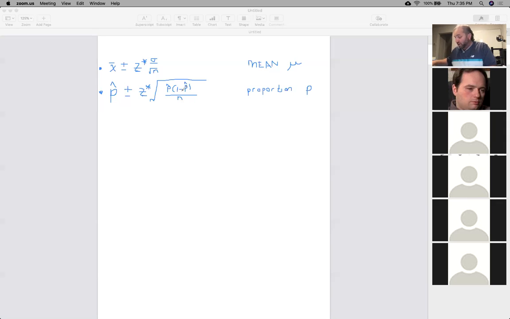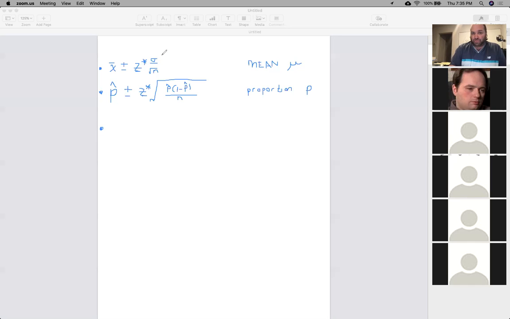Okay, so what we're going to go through today quickly is all of the different formulas for confidence intervals for all of the different situations. We have one for the mean mu, and we have one for the proportion P. Now, of course, for the mean mu, notice that we know sigma.